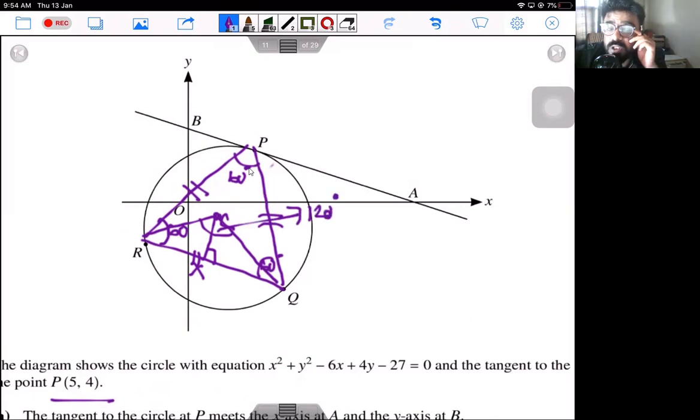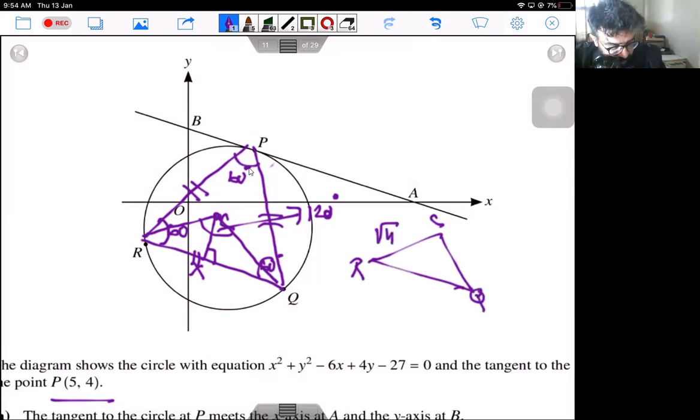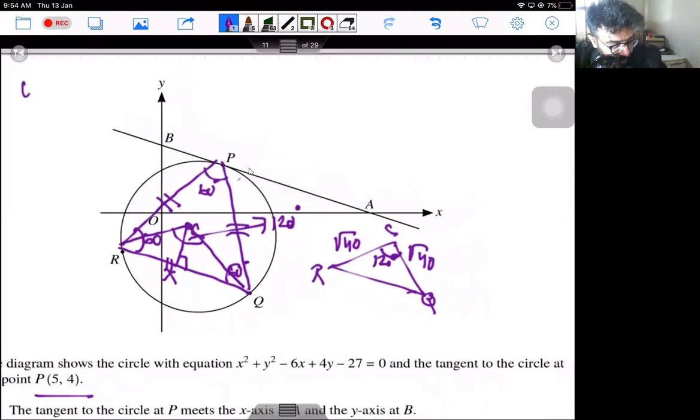Now what I can do is use the cosine rule formula. Okay, I have this triangle CRQ and I want to find the length of QR. This is under root 40, this is under root 40, and this is 120 degrees. So we can use the cosine rule formula.